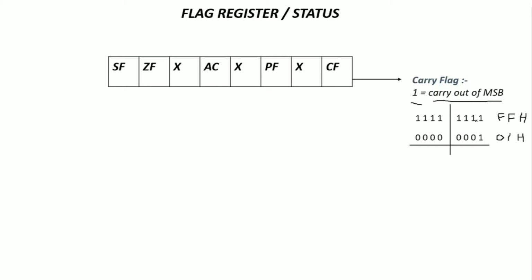Let's see. 1 plus 1 will be 1 0, so 0 will be here and 1 will be carried. We again add this 1 and 0. So 1 plus 0 will be 1 and another carry is here. So it will be 1 0 again, 0 here and 1 again here.